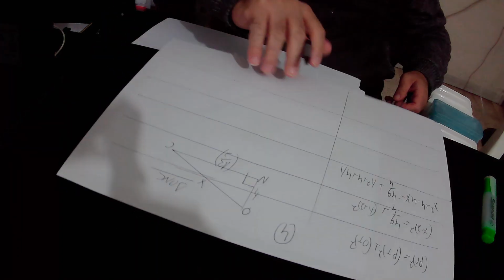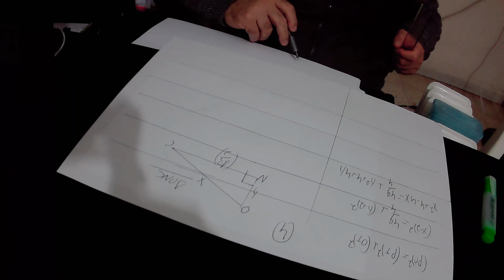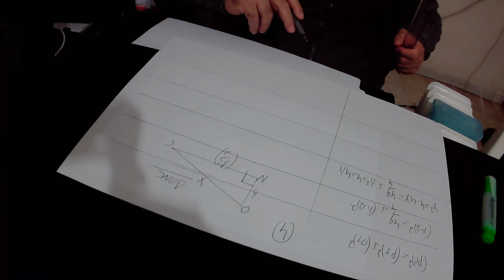So actually, this is the right triangle ONC that we copied from the original drawing. Now we implement on this right triangle the Pythagoras theorem.